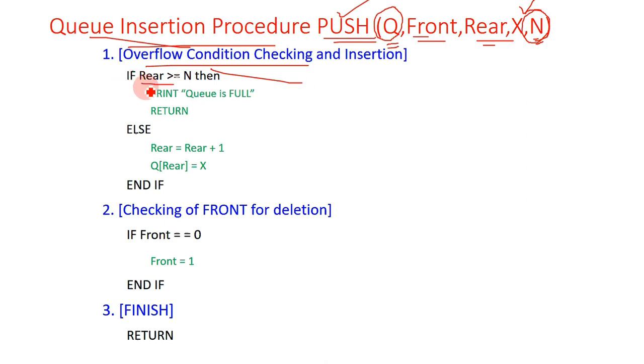If the rear side is greater than or equal to N, it means that the queue is full and return the control. Okay, else if the rear is not greater than or equal to the size of the queue, it means that there is space available in the queue, so you have to increment the rear by 1 and assign the X value to that rear location.